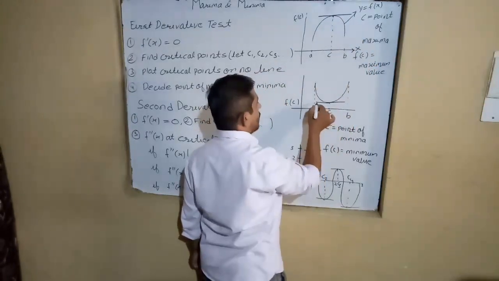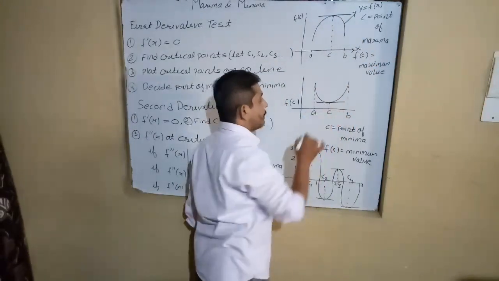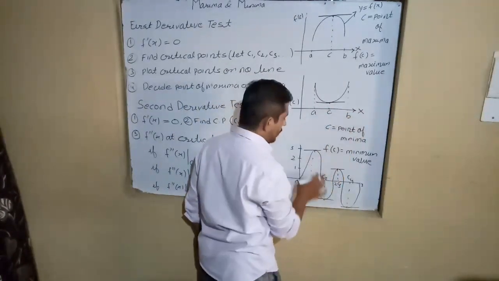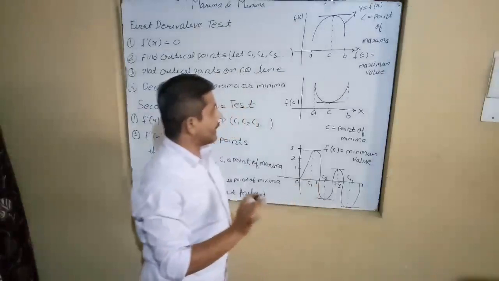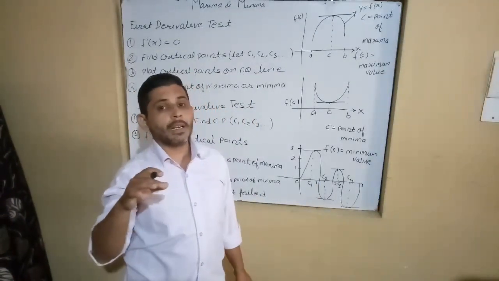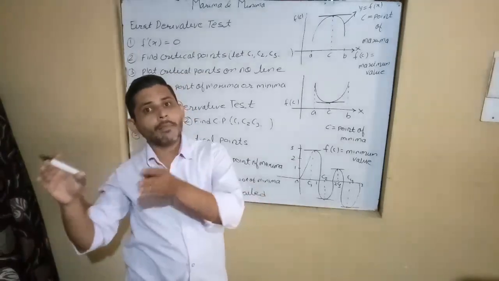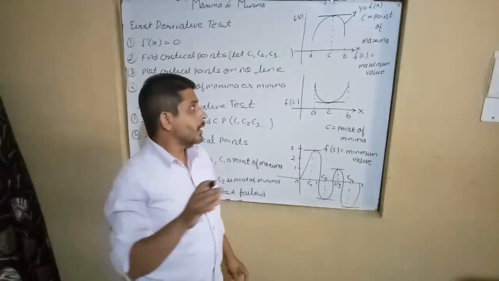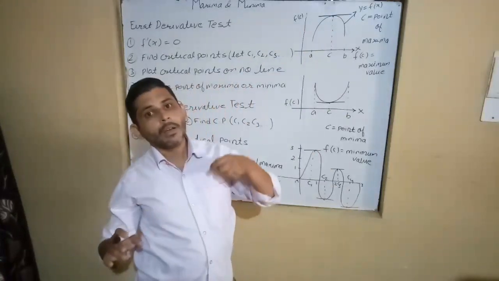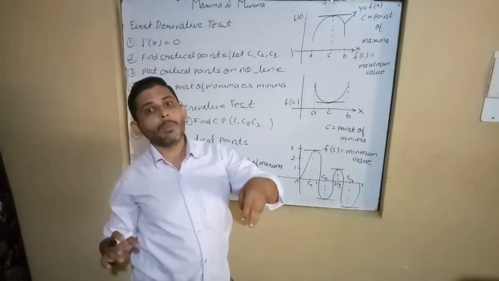Here again the tangent at the minimum point is also parallel to the x-axis, and here also. So at the extreme point, at the critical point, the tangent will be parallel to the x-axis, and if any tangent is parallel to the x-axis, its slope will be 0.